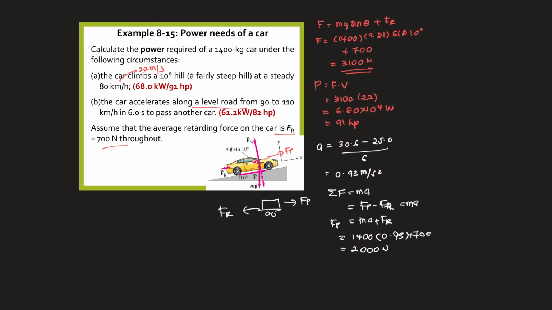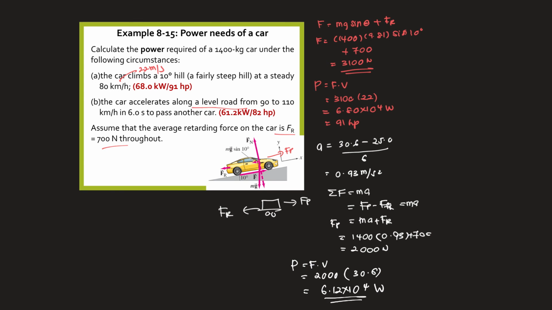Okay, once you find the force, the next thing you need to do is power. So power equals force times velocity. So 2000 multiplied with 30.6, you are going to get 6.12 times 10^4 watt.